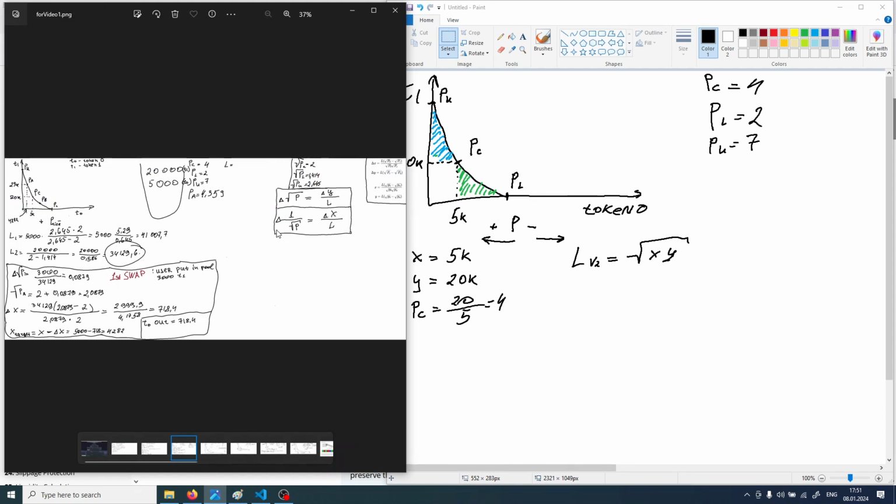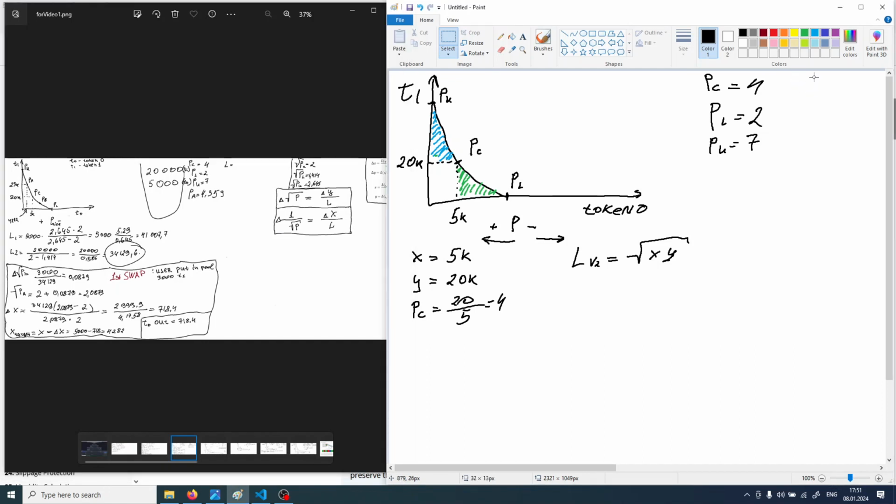The square root of the current price will be 2, the lower price will be 1.414, and the square root of the upper price will be 2.645.